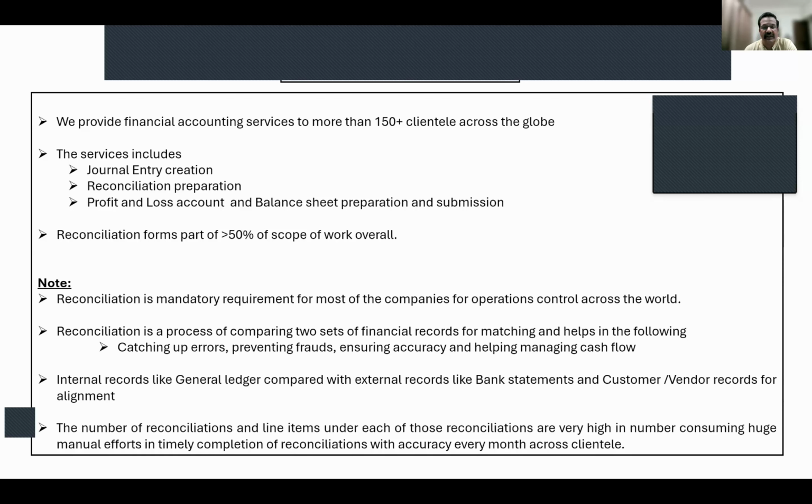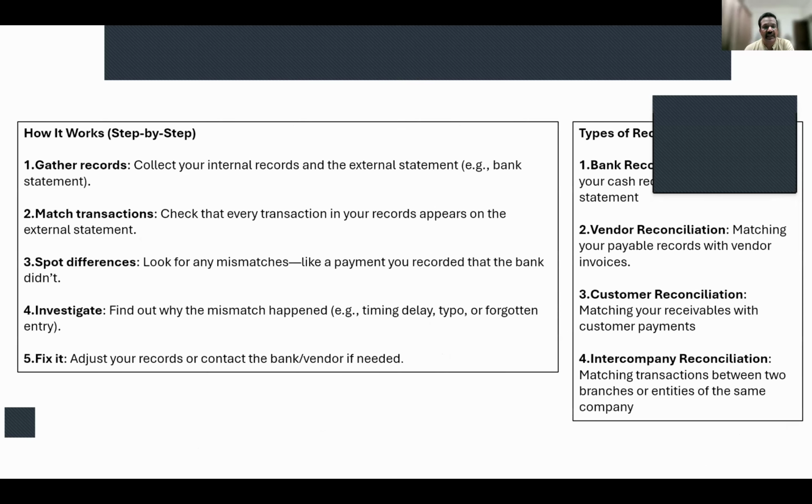Is there any fraud that's been committed? And ensuring accuracy and ensuring the cash flow is correctly processed. We need to check internal records against external records to make sure the accounts are tying up on both sides. These are the major activities that the team is doing.